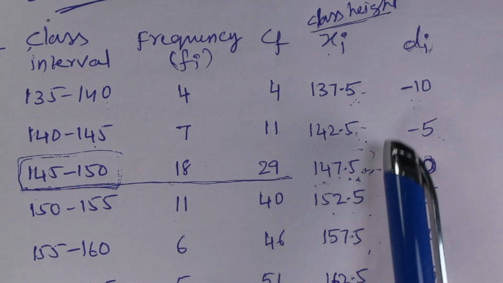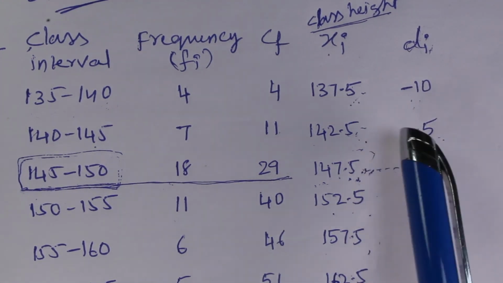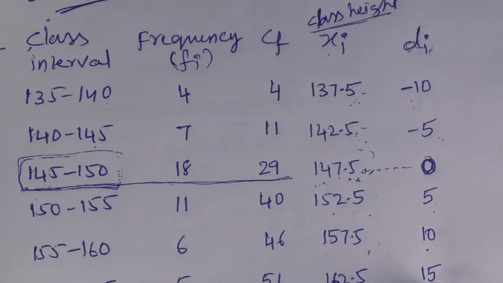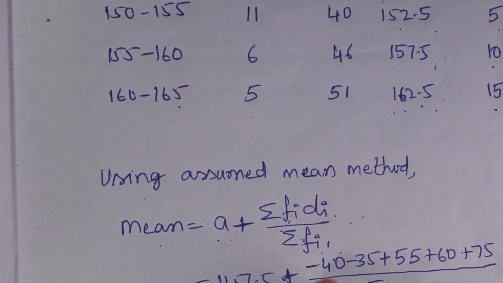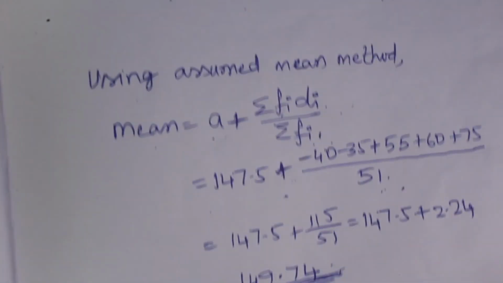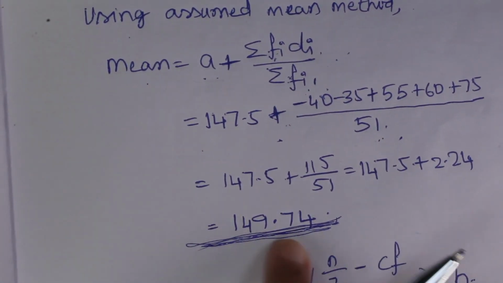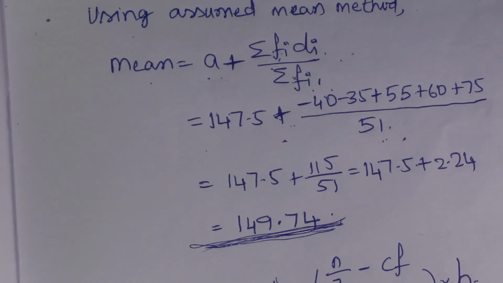So once we assume a mean in the xi column, we calculate the distance from the assumed mean in the di column. Now the formula becomes mean is equal to a plus sigma fi di divided by sigma fi. So the answer came to be 149.74. Hope this is clear for you.